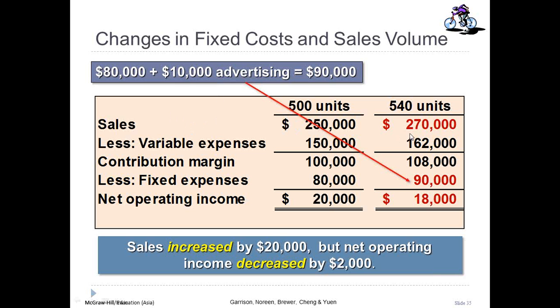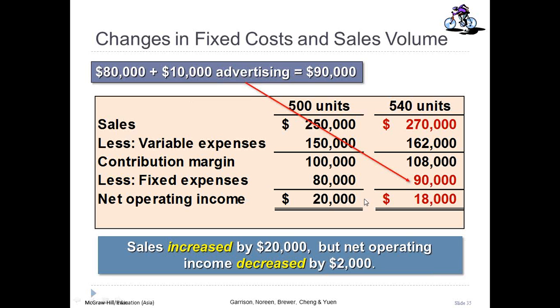So sales revenues went up from 250,000 to 270,000. Going to take away the variable expenses. Contribution margin is then determined. The fixed expense was 80,000. Here, fixed expense is 90,000.